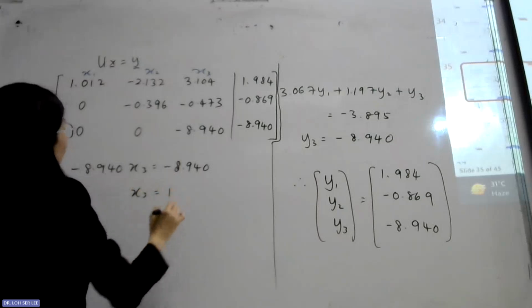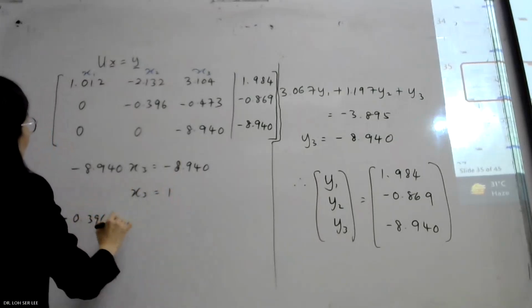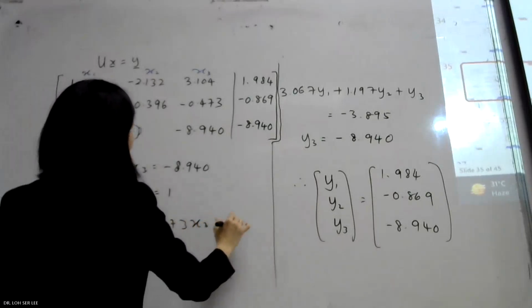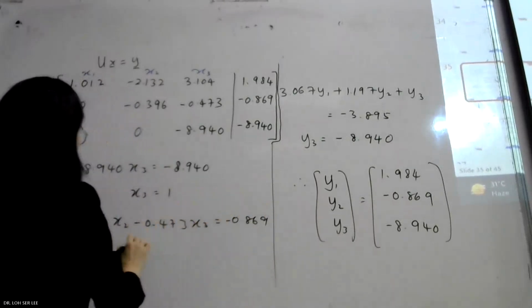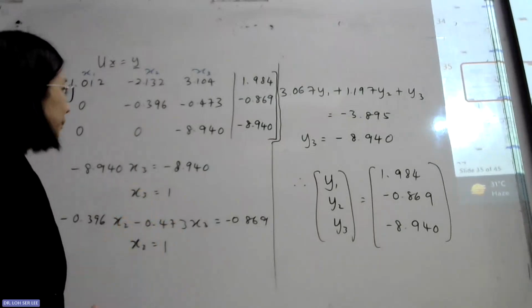So x3 is 1. Okay, so for x2, x2 is also 1.